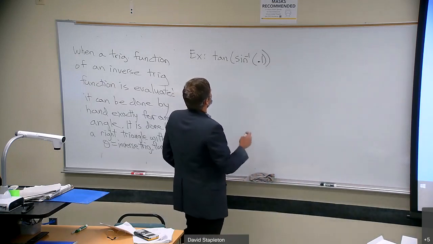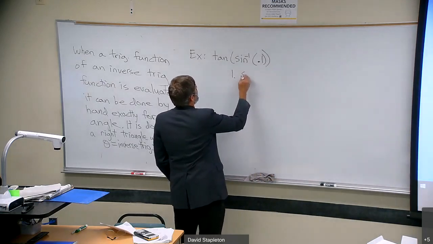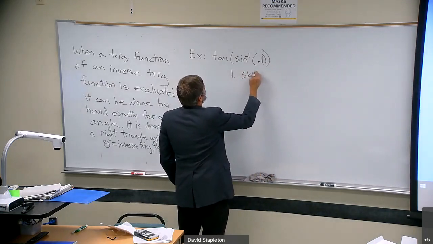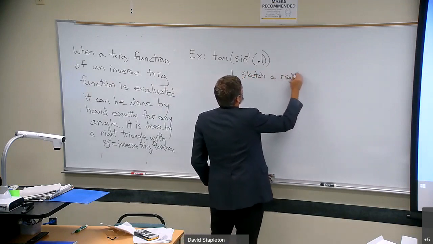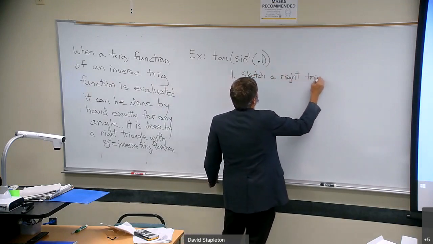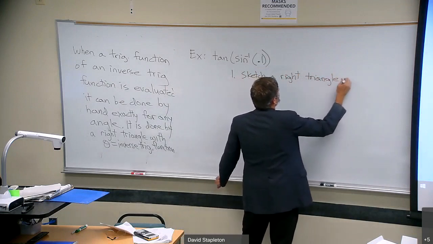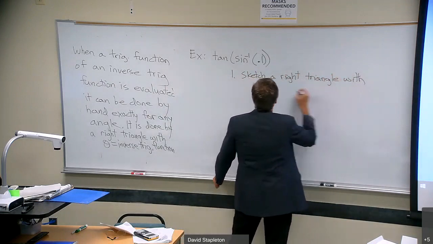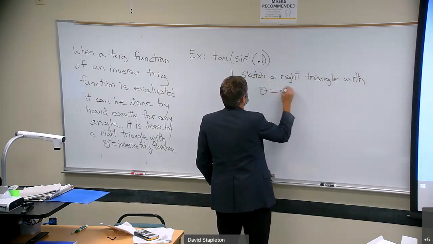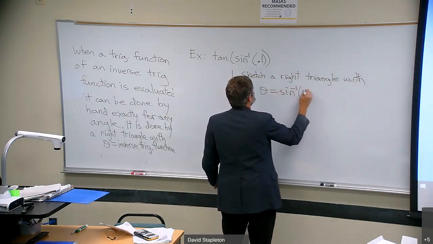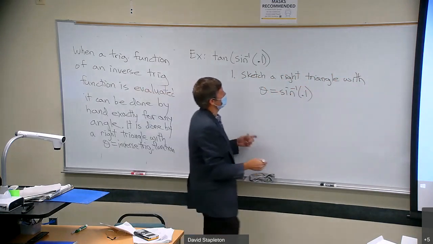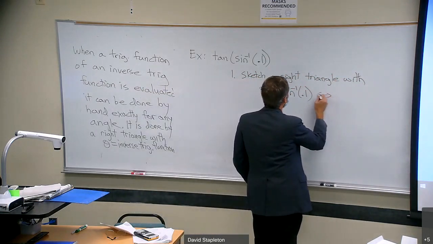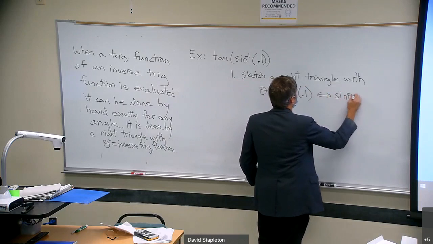Here's what we can do. Step one, you sketch a right triangle with the inverse trig function you see. That is, theta equals the arc sine of 0.1 in this case. Any right triangle such that that's the case. Equivalently, since it's a right triangle, this is sine theta equals 0.1.